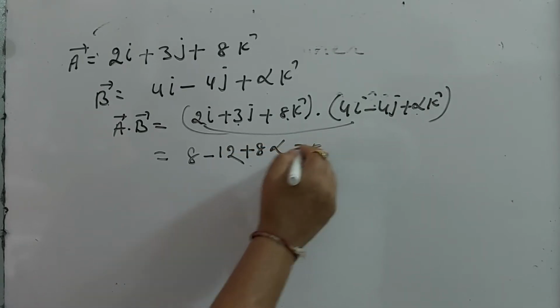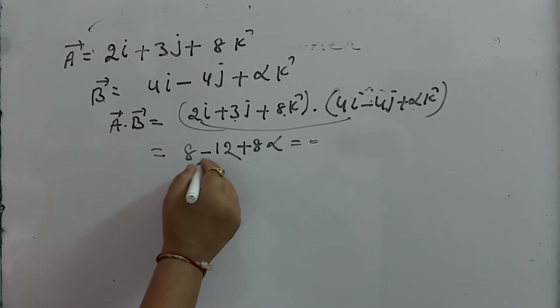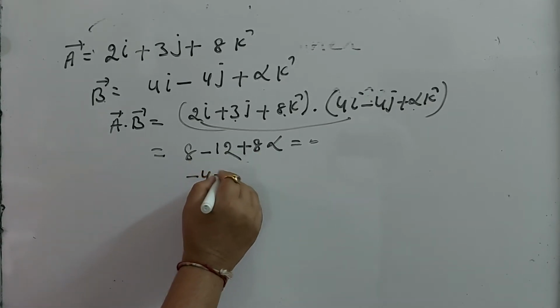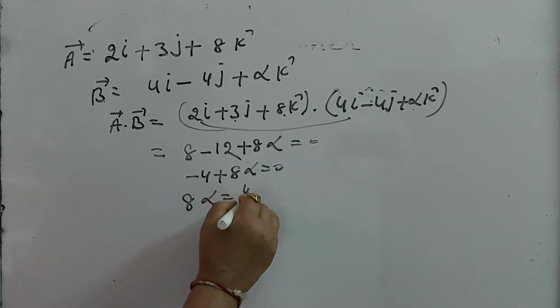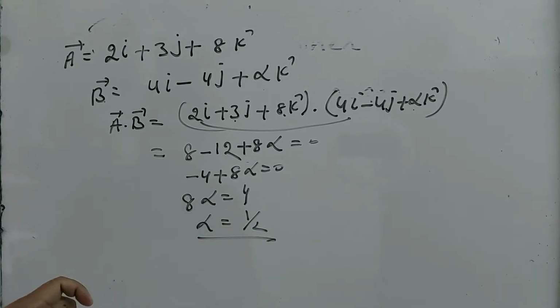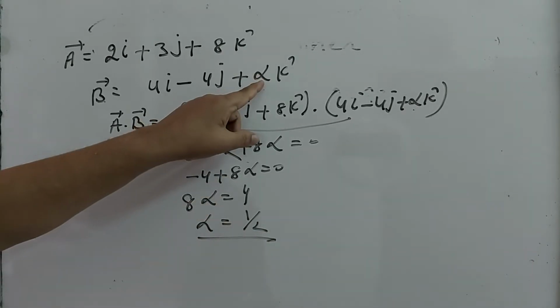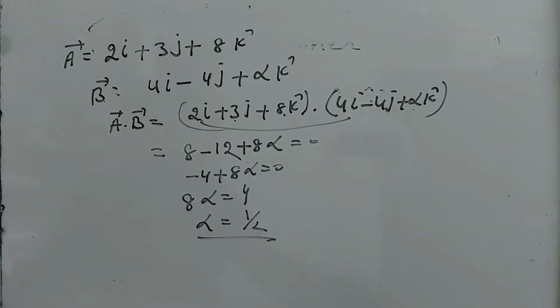This must be equal to 0 if these two vectors are perpendicular to each other. It means minus 4 plus 8 alpha is equal to 0, or 8 alpha is equal to 4, or alpha is equal to 1 by 2. It means if the value of alpha is 1 by 2, both of these two vectors will be perpendicular to each other.